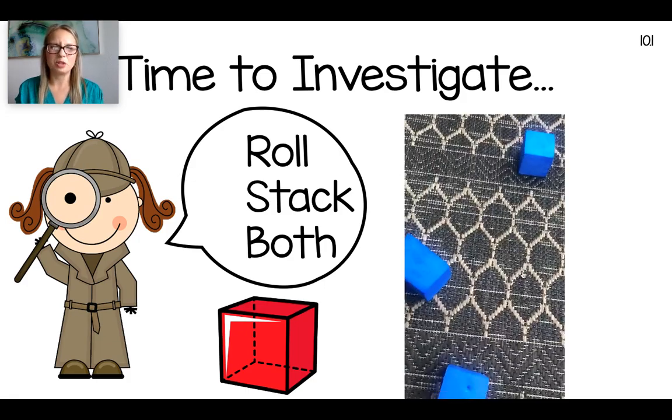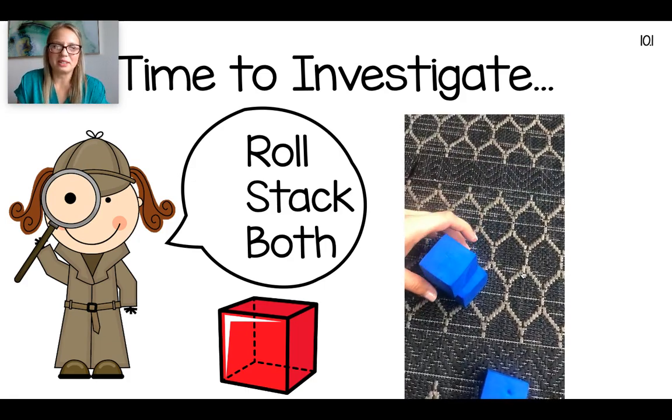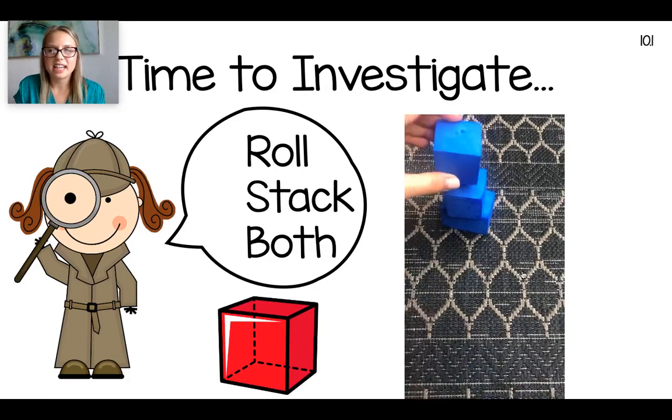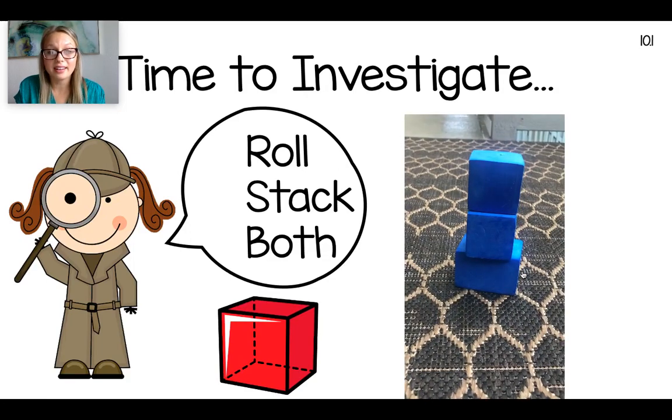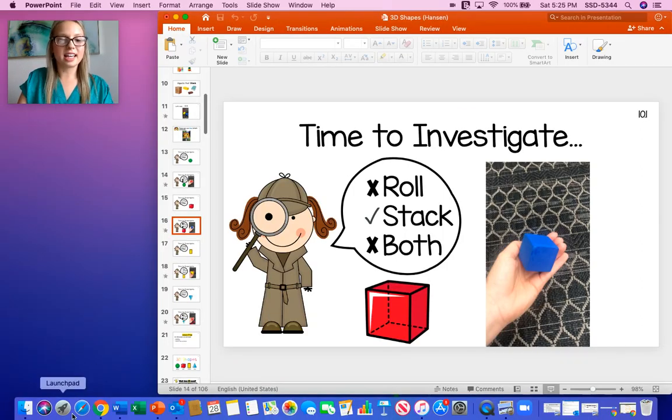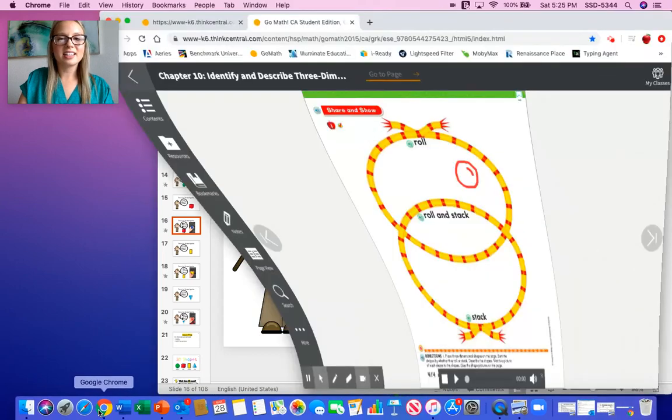I had to push it over, but can it roll? I don't think so. See if it can stack. Can you stack? Yeah. So, can't roll. It can stack. So can it do both? No, because it can't roll. It can only stack.